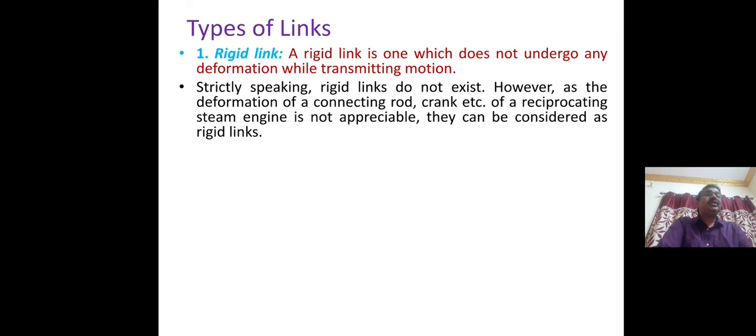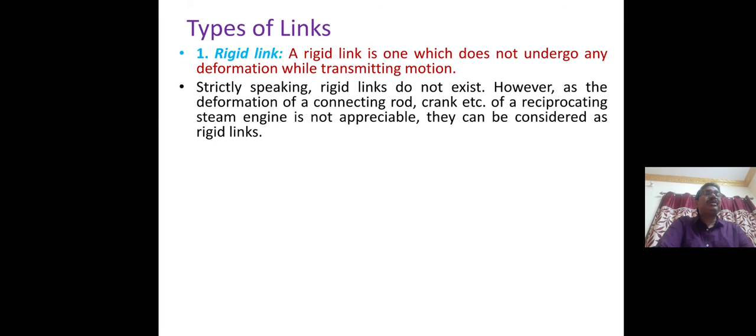Strictly speaking, rigid links do not exist, because even slight deformation takes place, but that is a negligible quantity. So even a crank or connecting rod will not appear deformed, but slight deformation may take place when force is applied or transmitted.